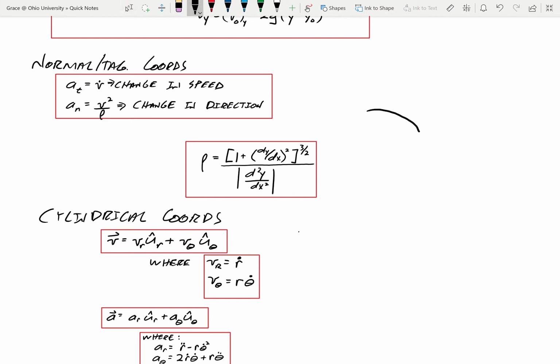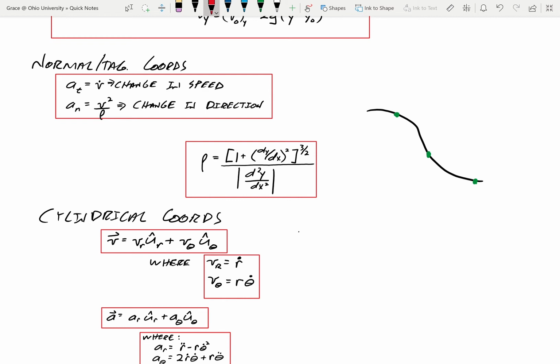So when you have some kind of particle that's moving in some kind of curve, you can see that the particle is kind of moving with its own coordinate system. What you can do is come up with a coordinate system that alters itself while your particle is moving. So you have something that's tangent to your particle's path, or you have something that's normal.